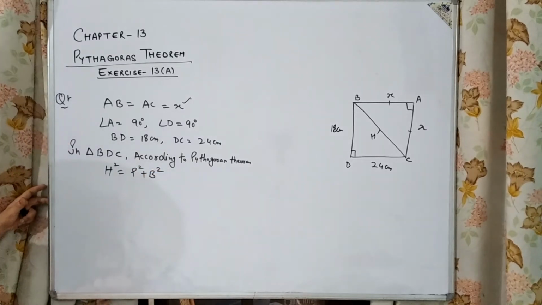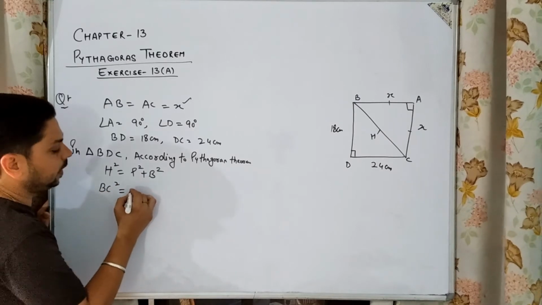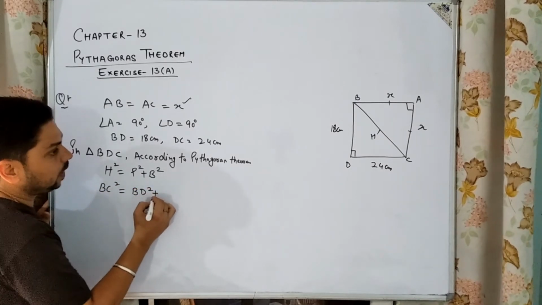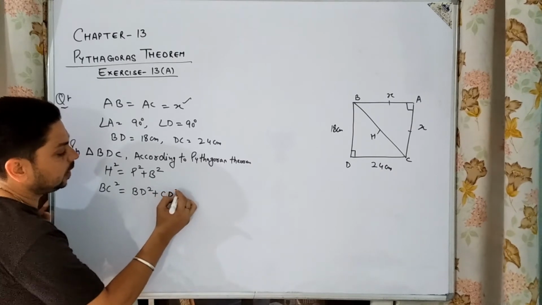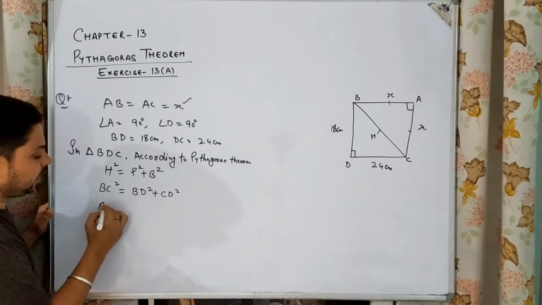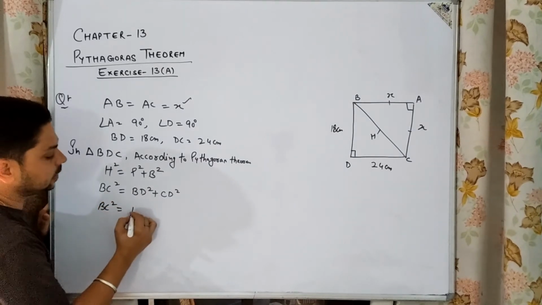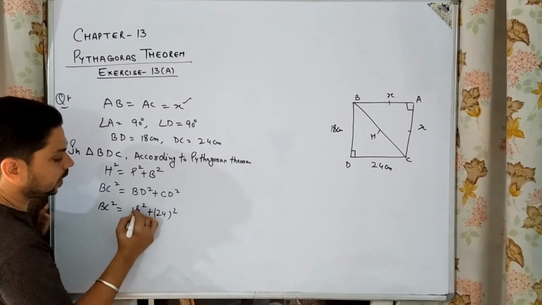What is hypotenuse? Hypotenuse is BC. BC square is equal to BD square plus CD square. So BC we have to find. BD is 18 square plus 24 square.